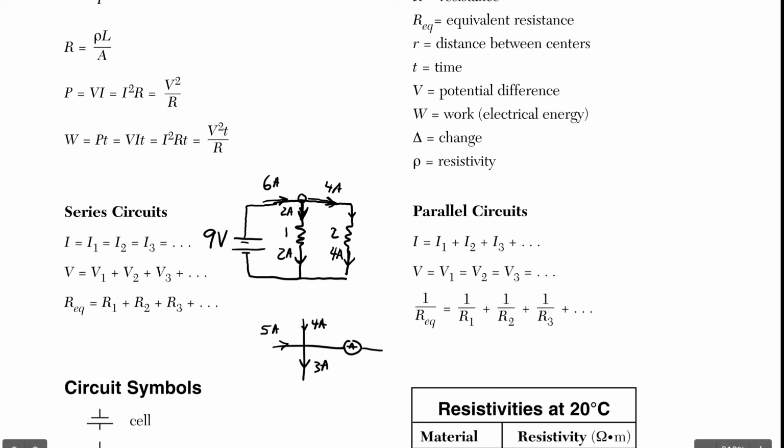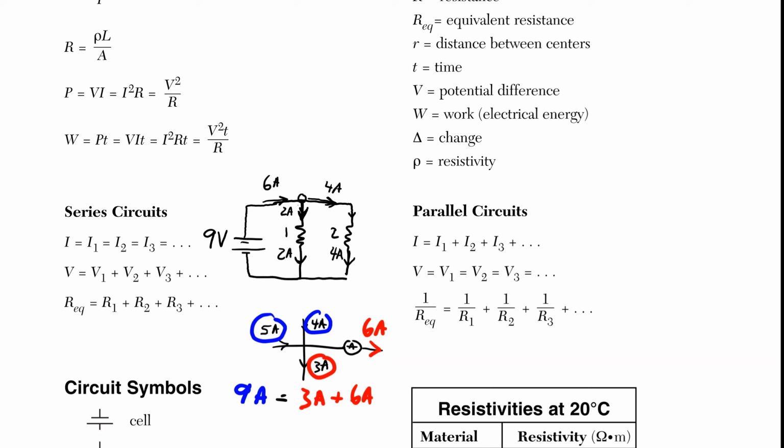So going in, I see 5 amps in and 4 amps in, and coming out, I only see 3 amps. So 5 plus 4 is 9 amps coming in and 3 amps coming out. If we wanted those things to be equal to each other, what do we have to do? We have to add 6 amps. So the ammeter A must be reading 6 amps going out.